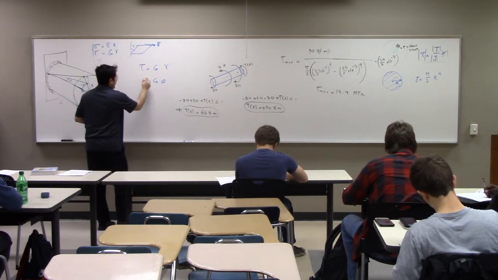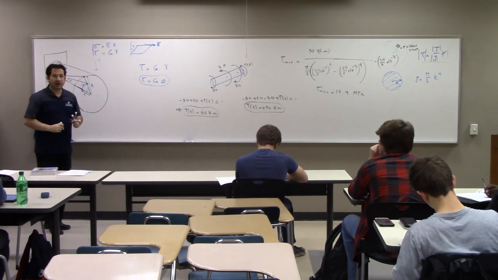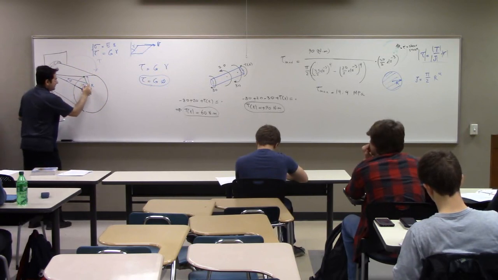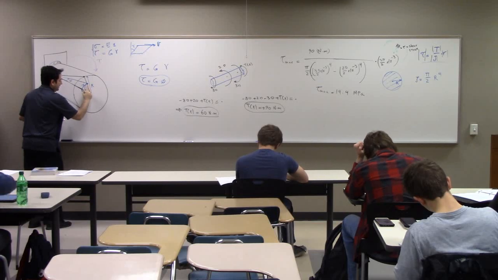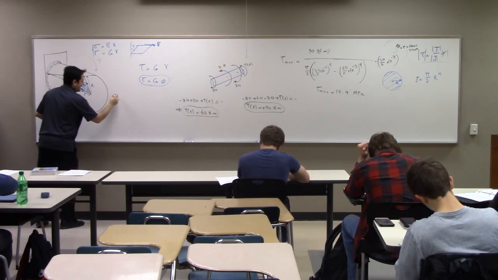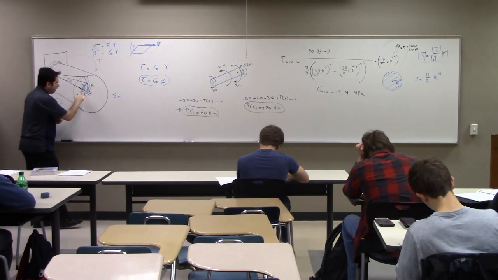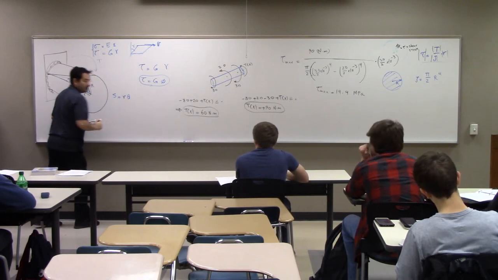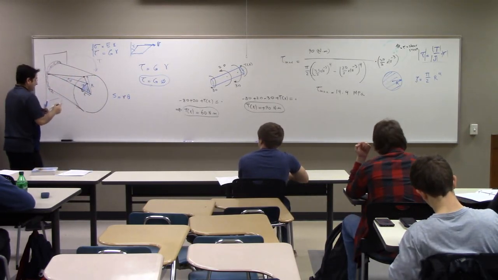So far I have derived this relation. Now what can I say about phi? Well, look at this arc length here. In this plane, what can I say about S? The arc length here is equal to R times theta. Right? Now look at this plane.